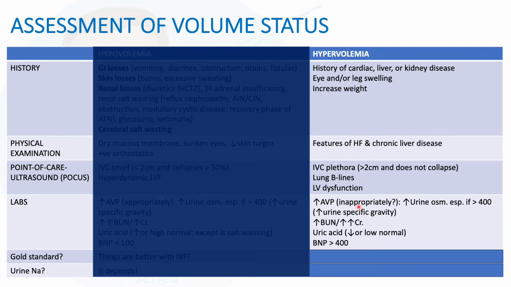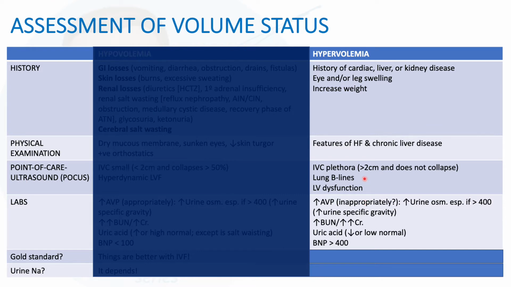So, for example, in a patient with hypovolemia, ADH secretion will be appropriate to increase the volume. We know that hypovolemia is a strong stimulator of ADH release, and we'll discuss that when we talk about SIADH. And also increased osmolality is a big stimulus for ADH.